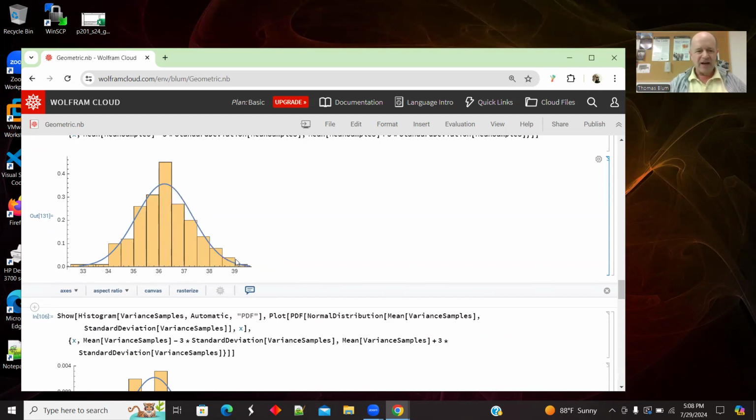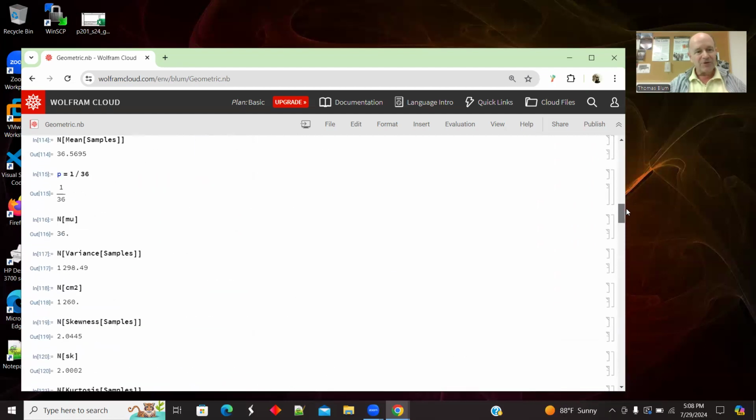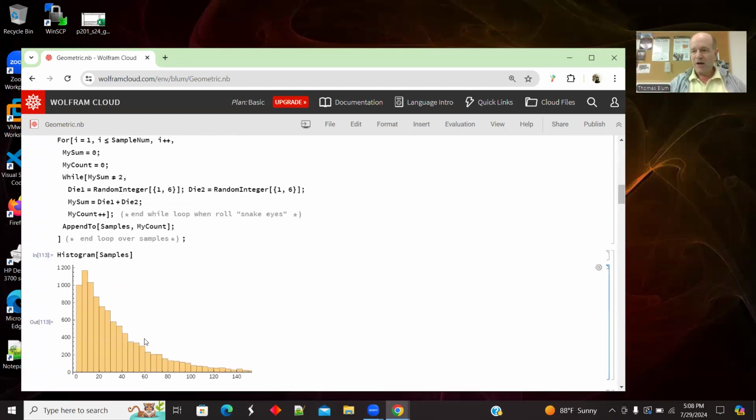I'd do better if I had either one of my numbers bigger. My sample size could be larger, or my number of samples of my samples could be bigger. This would smooth out a little bit, but you see it does have the basic shape. Whereas the other distribution, again, was not normal.